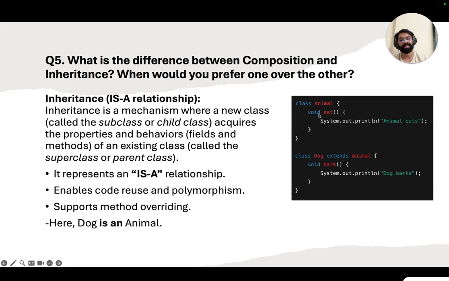Eat will come from Animal, and bark is already there in the Dog class. It means a dog can eat and a dog can bark also. We have not added the method eat inside Dog, but we directly inherit, or transfer, the functionality of the parent class to our child class. This is about inheritance.